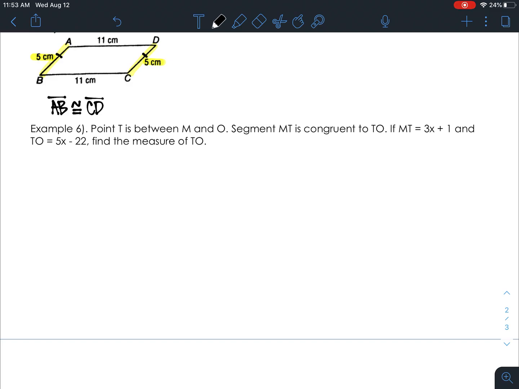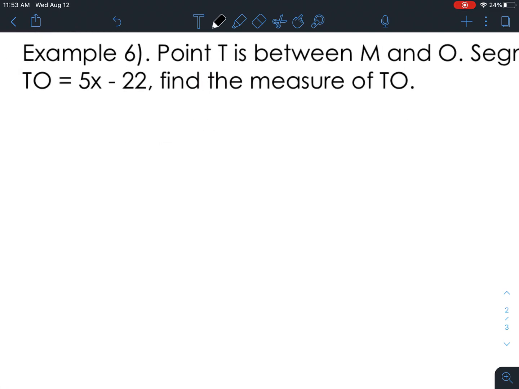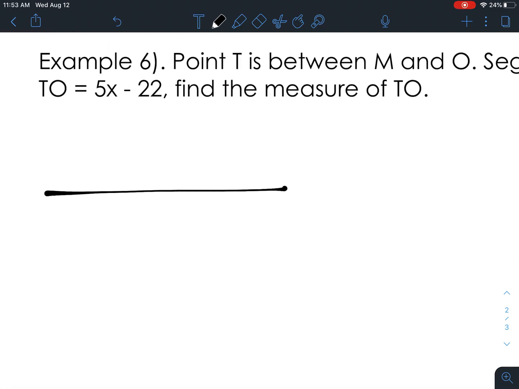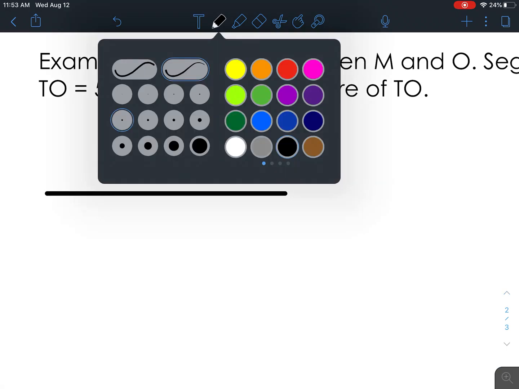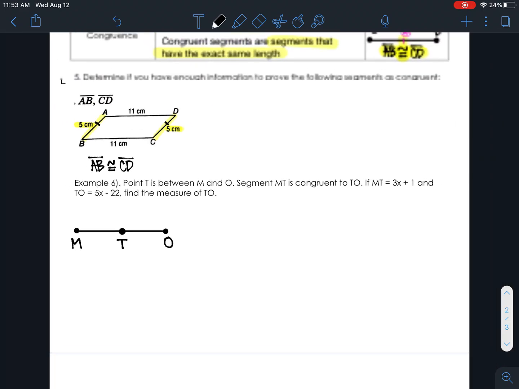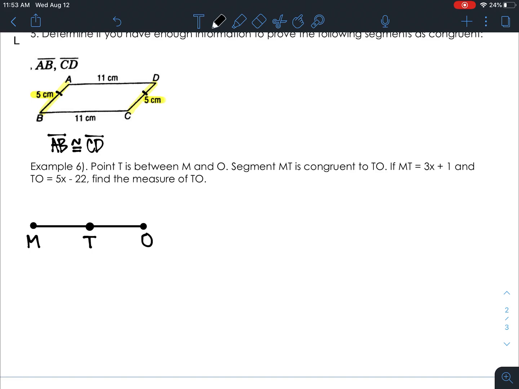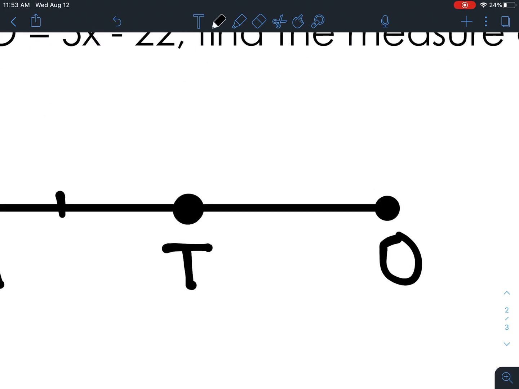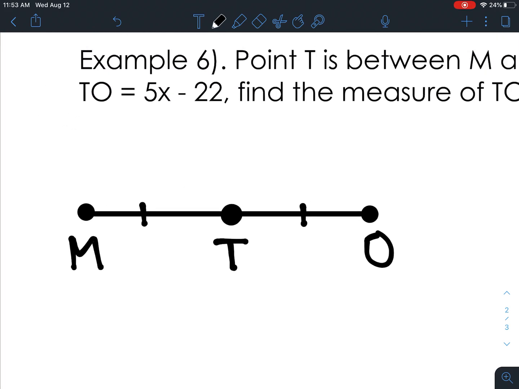So example 6 says point T is between M and O. So we're going to go ahead and draw that. That means if T is between M and O, M and O are your endpoints. Now it also says that segment MT is congruent to segment TO.